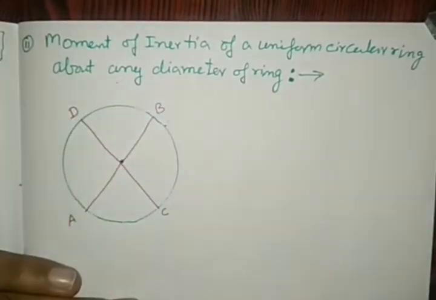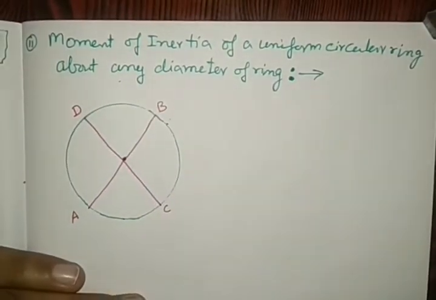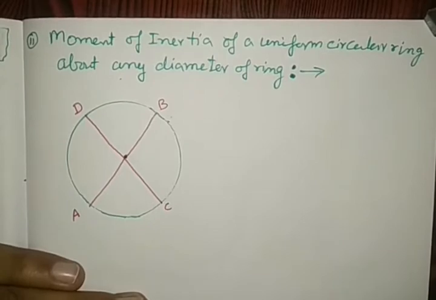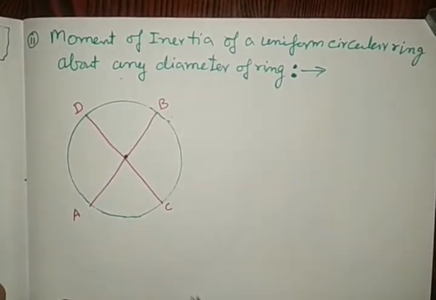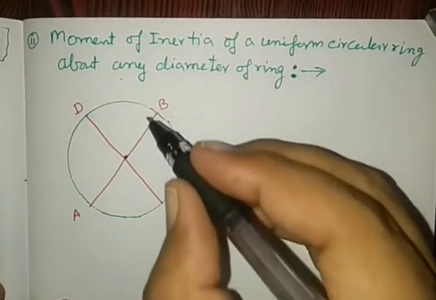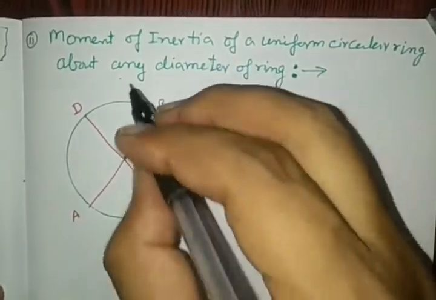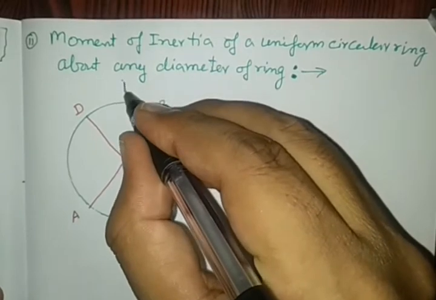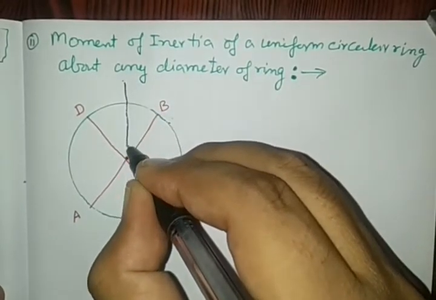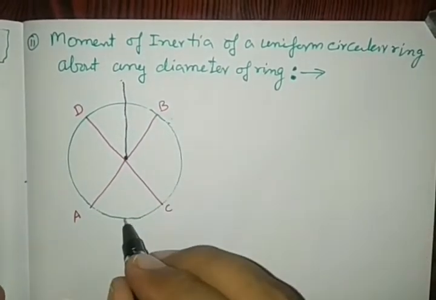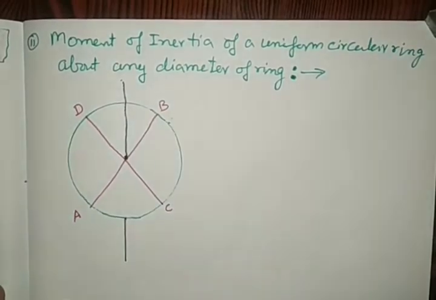Everything we can understand by the diagram. In the previous case, the axis of rotation passes through the center and is perpendicular to the plane of the ring.